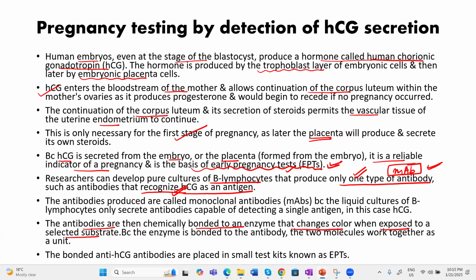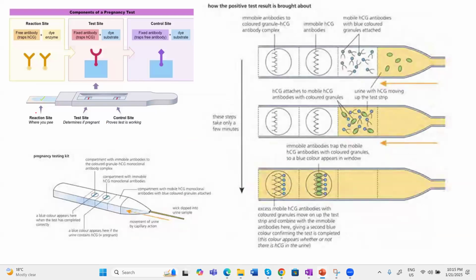Now let us understand the diagram. See here, it has two sites. One is the test site, which will have a fixed antibody to trap HCG, plus dye attached to the substrate. Then it has a control site which also has fixed antibody, and they are trying to trap free antibodies.